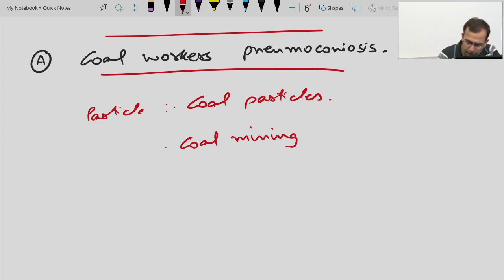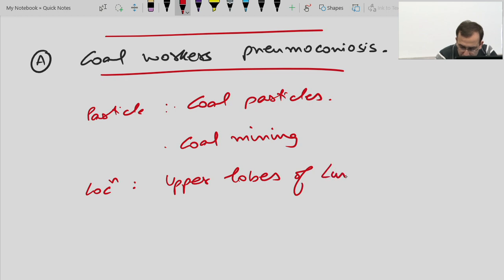Next point, location. Coal workers pneumoconiosis most commonly affects the upper lobes of the lung.